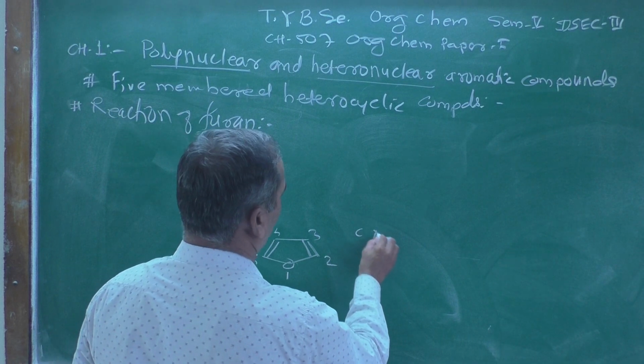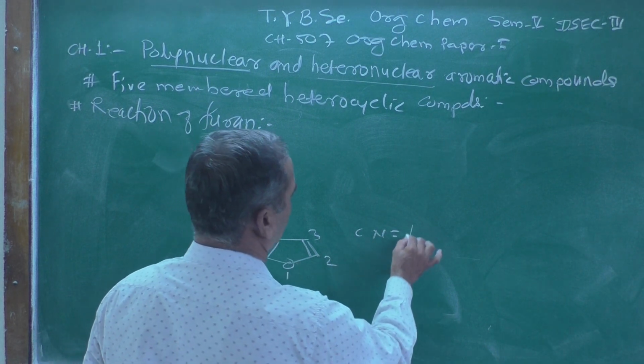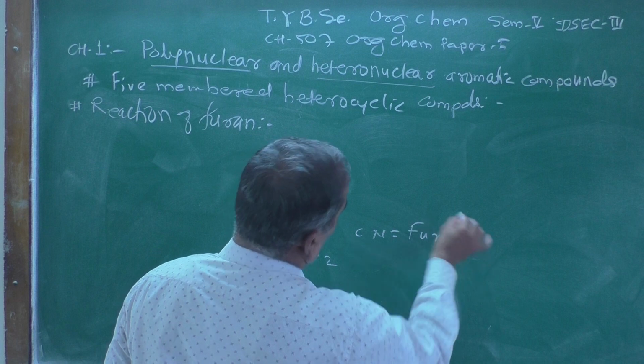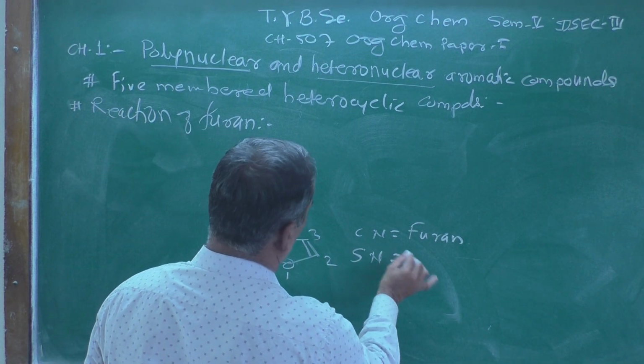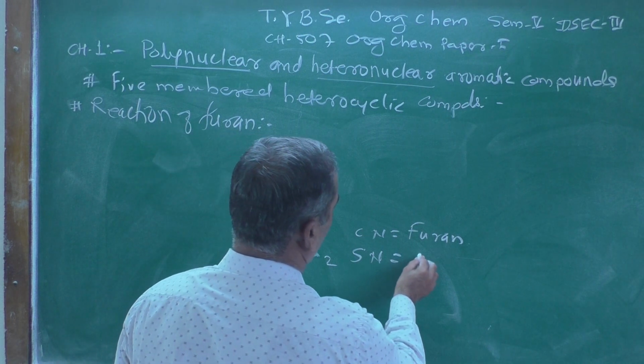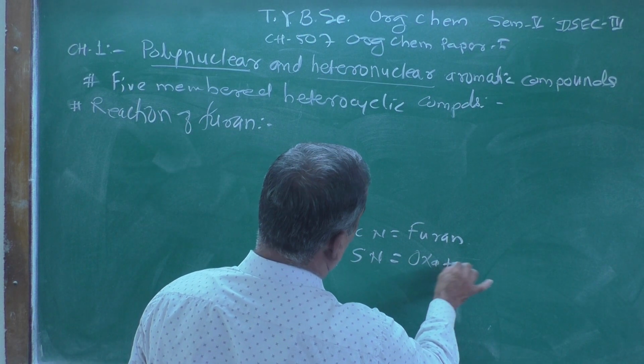Now the common name of this compound, as we know, is furan, as well as the IUPAC name or the systematic name. As we know that it has an oxygen atom, we can call it oxa plus.